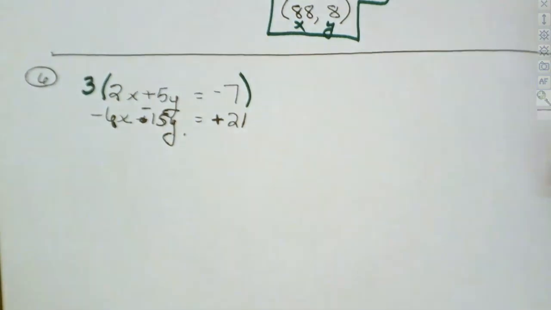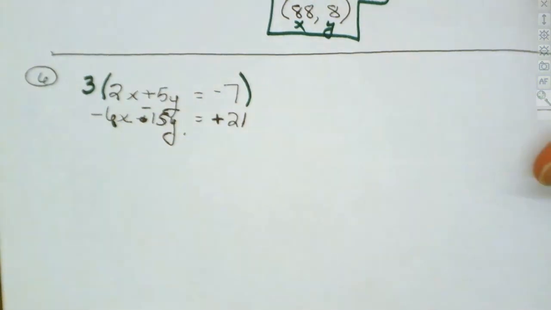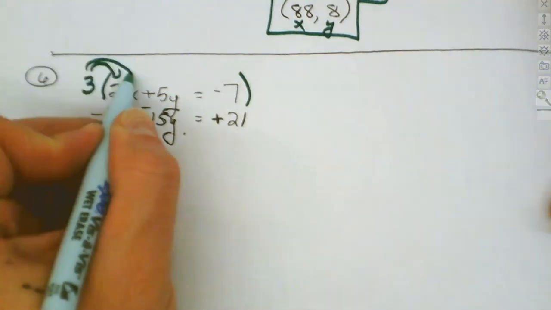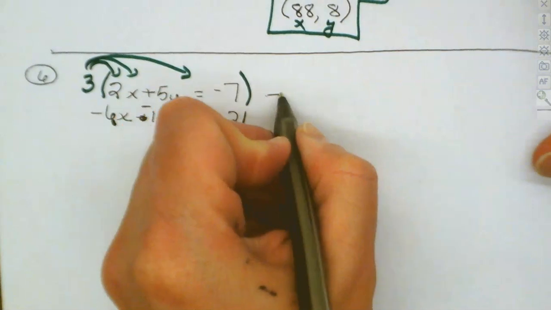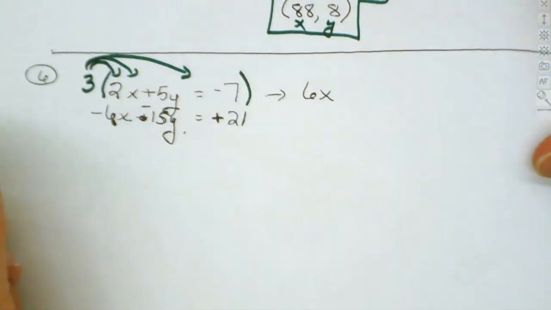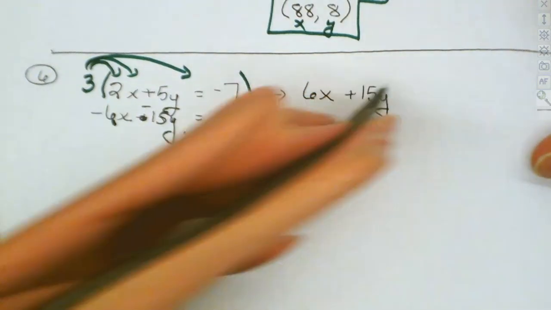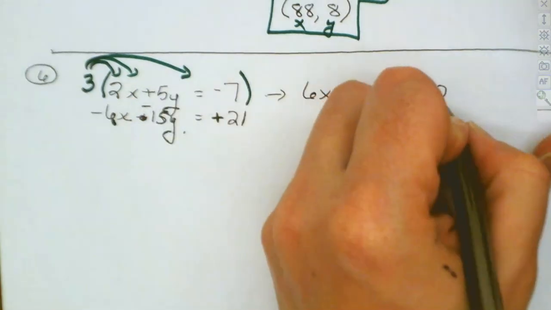Now, we need to make sure that one of them is positive, one of them is negative, which it is. So we're going to try to eliminate for the x. You can also use substitution. It doesn't matter. Either way. So we're going to distribute through, and that's going to be 6x plus 15y equals negative 21.